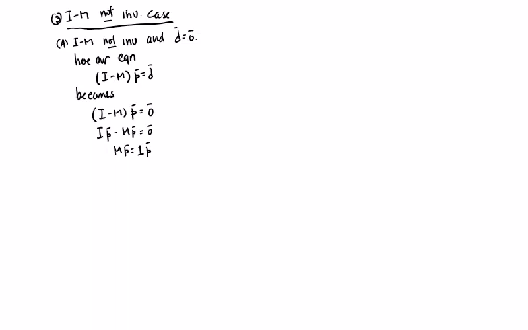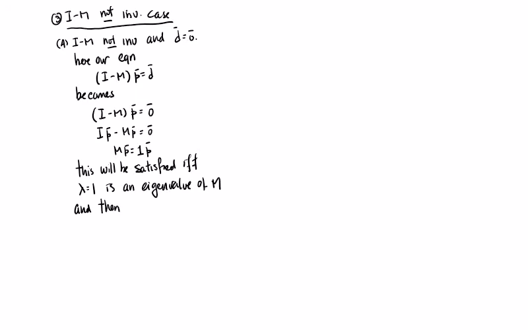So basically what's happening here is that this will be satisfied if and only if lambda equals 1 is an eigenvalue of M, and then P will be an eigenvector.